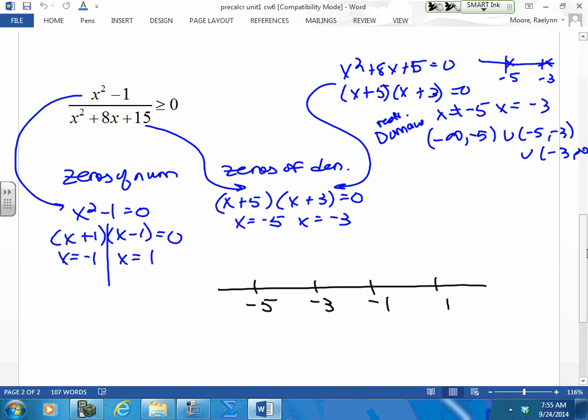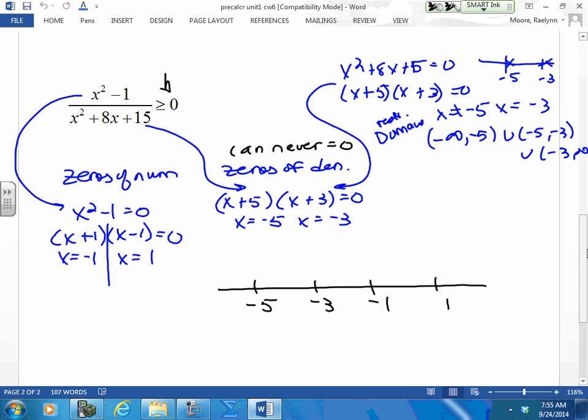Here's the tricky part. The denominator can never be 0. So regardless of what this sign is, it can never be equal to 0. The denominator is always going to be open.